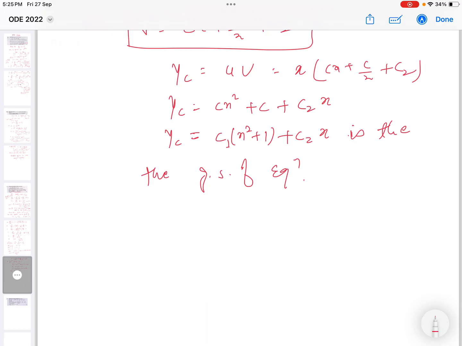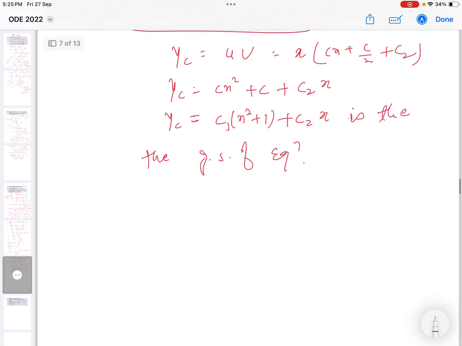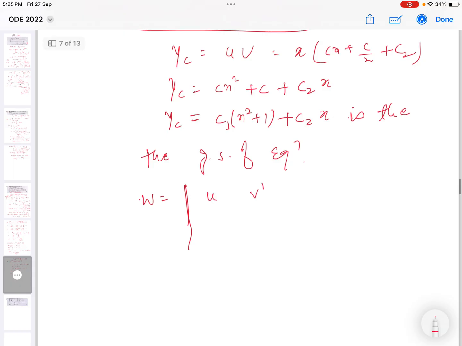Please check it if I'm wrong. So in order to find the Wronskian, W is equal to determinant of u, v, u dash, v dash.